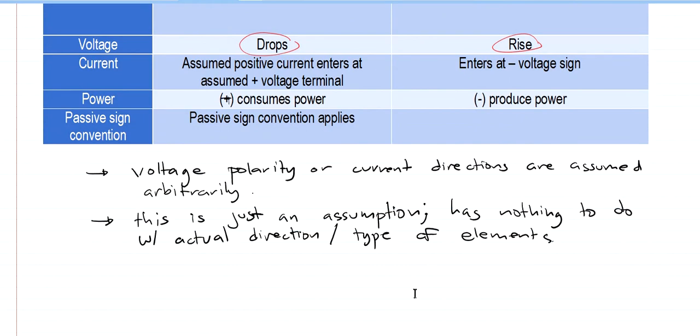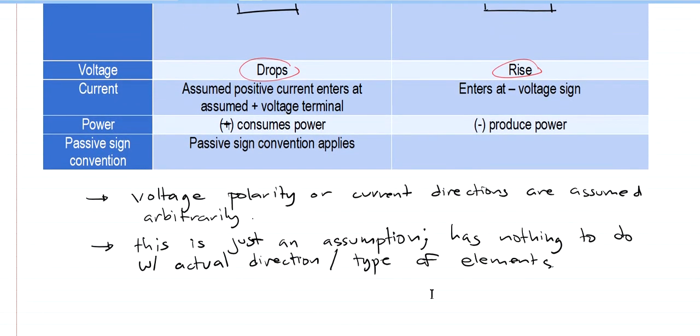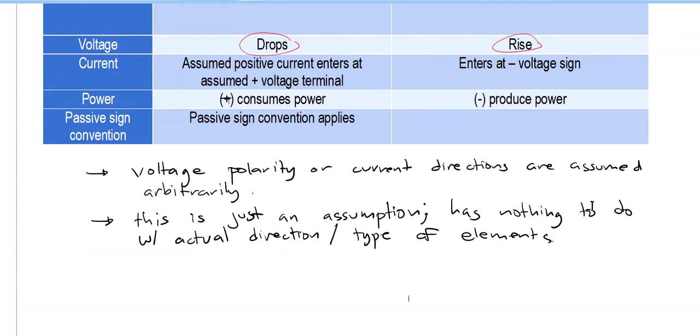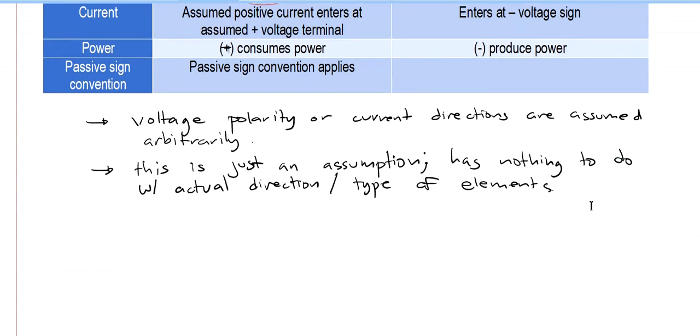Okay, so in terms of analysis later on, voltage polarity or current directions are simply assumed arbitrarily. Initially we just assume it, but later on in the computation, if we find out that it's negative, then this simply means that the current direction would be opposite.